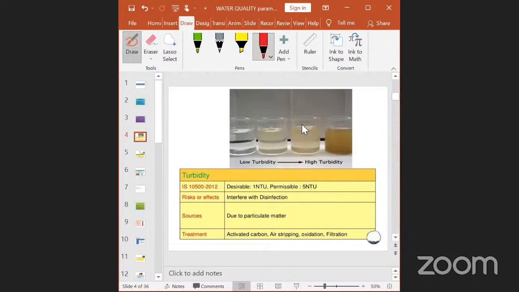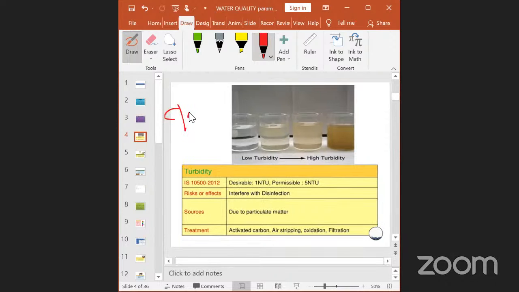It is a measure of the ability of light to pass through the water, or how clear the water is. It is caused by suspended materials such as clay, silt, organic materials, plankton and other particulate matter in the water.